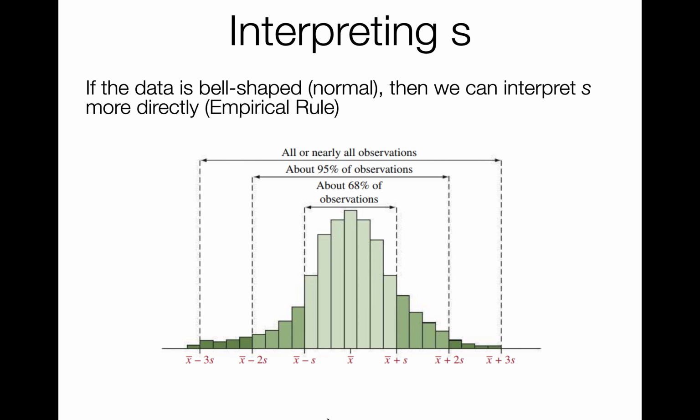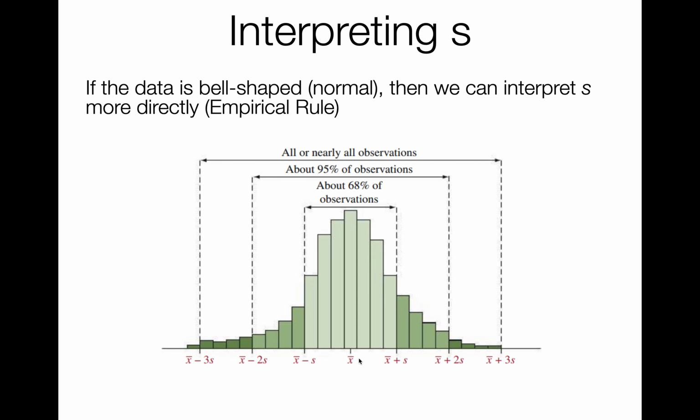The empirical rule is something that is fairly powerful. If you look at this plot, at the bottom, the center of the data, the highest point on there, is at X bar. It's at the mean, that's the center of the data.